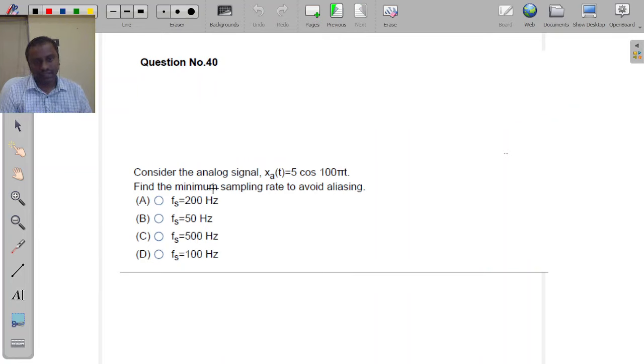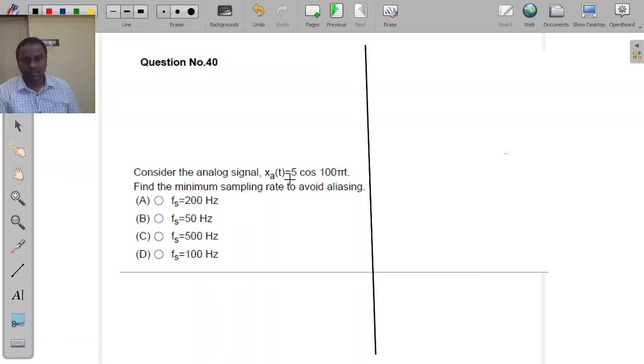Consider an analog signal x of t equal to 5 cos 100 pi t. Find the minimum sampling rate to avoid the aliasing. Solution.